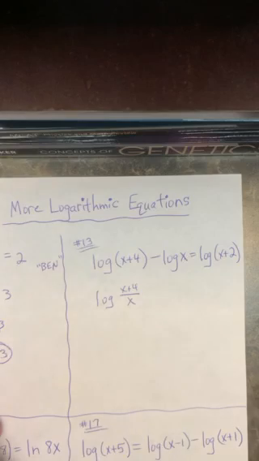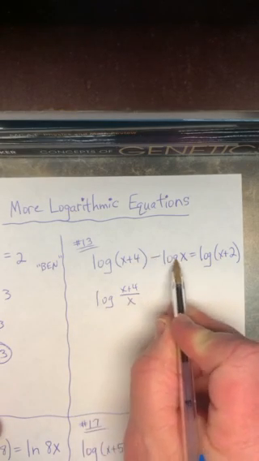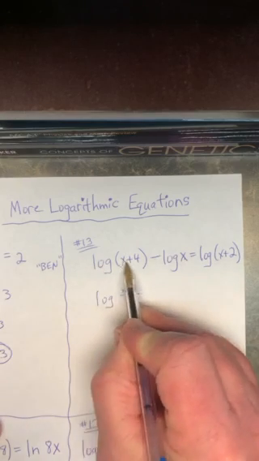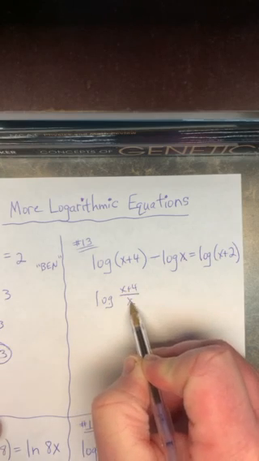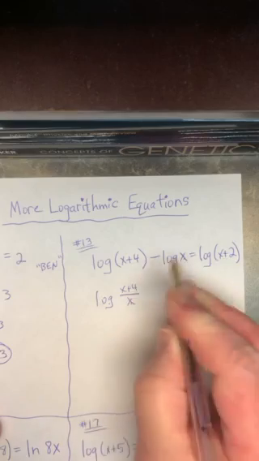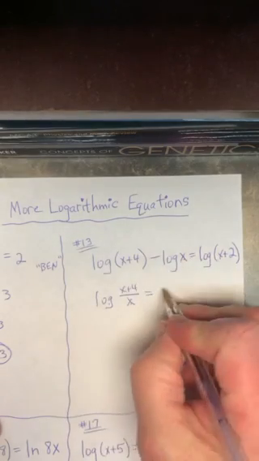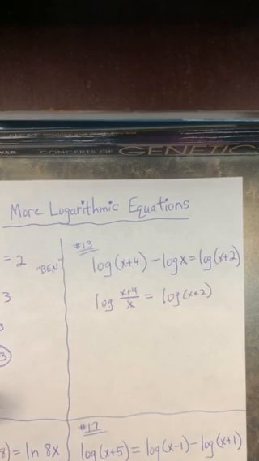I saw a minus in the middle. The log of m minus the log of n, I change to the log of m over n. That's not that hard. You see a minus, you change it to a division bar. On the other side, we'll leave it go, the log of x plus 2. Now, good news. Guys, pay attention. We haven't seen this yet.